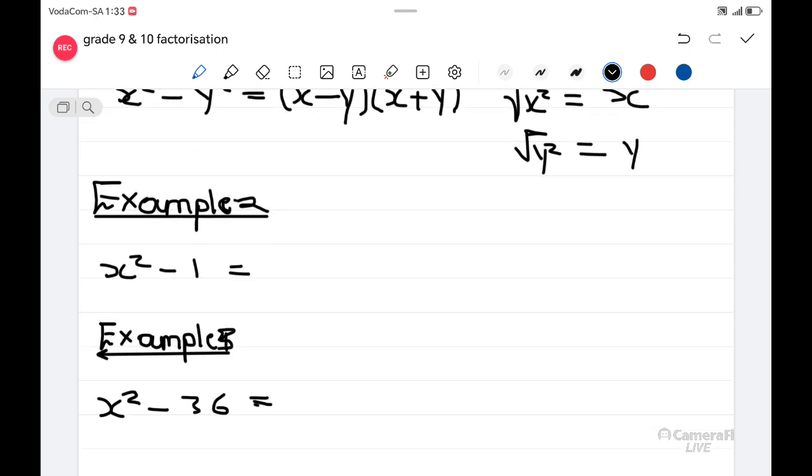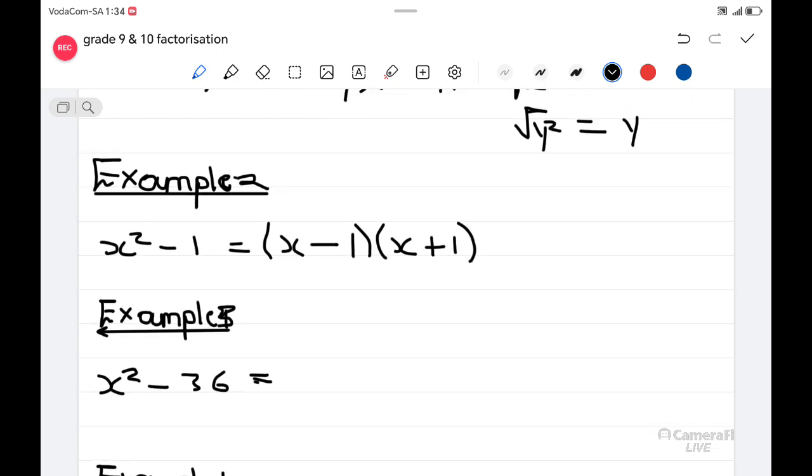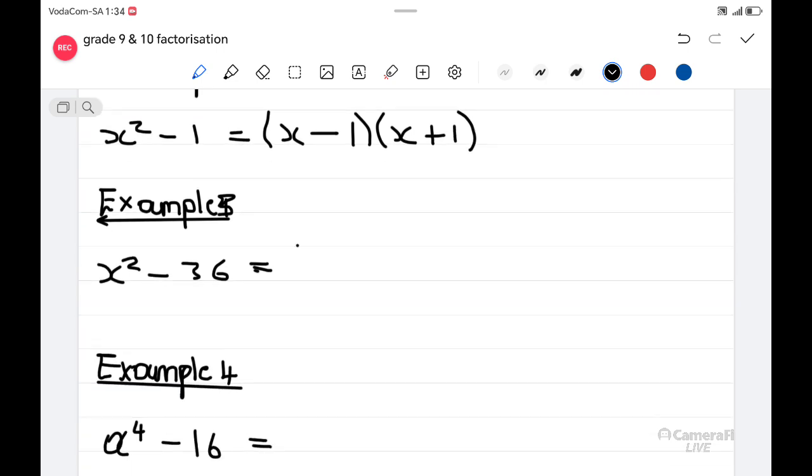Let's try another one. What is the square root of x squared? It is x minus the square root of 1, which is 1. Then you copy the brackets, it is x, and then it's plus 1 because we changed the sign. Factorized fully. Again, what is the square root of x squared? It is x. The square root of 36, since you have a subtraction, not the square root of negative 36.